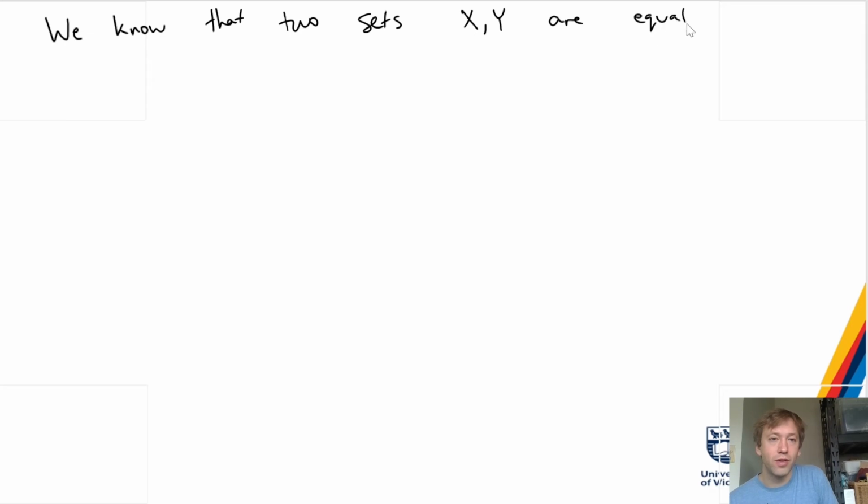Let's spend a few minutes now talking about what it means for two functions to be equal. And if you think of functions as sets, then you already know the answer to that, right? Because we know that two sets, x and y, are equal if any element in the universe is an element of x if and only if it is an element of y.